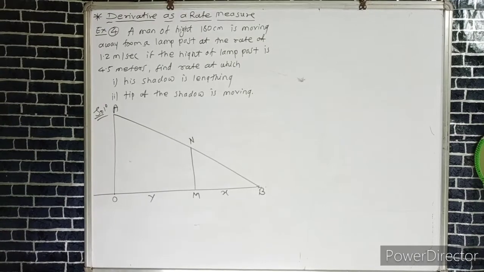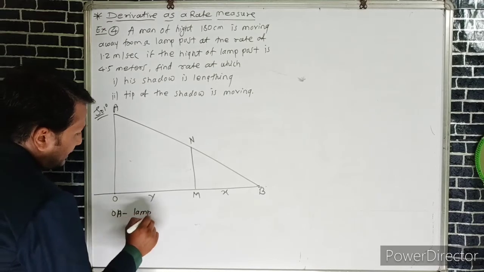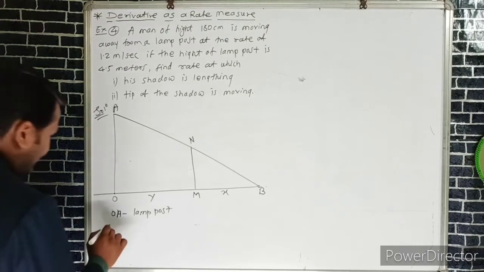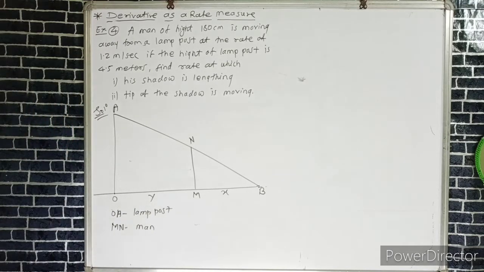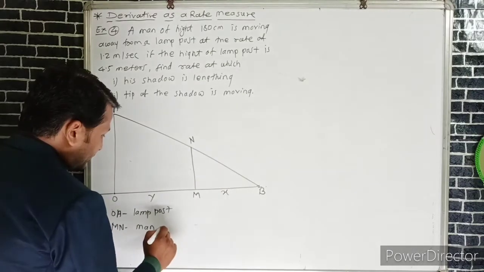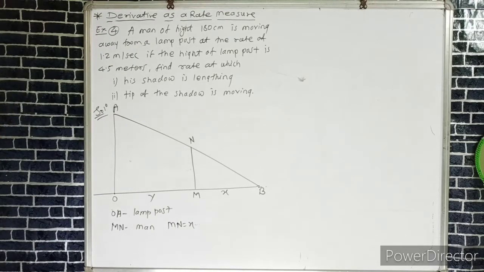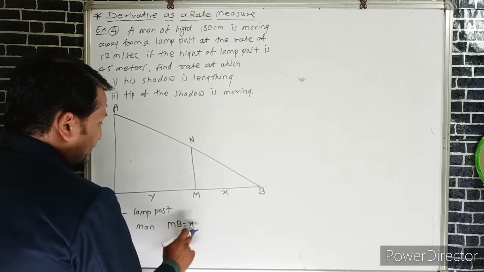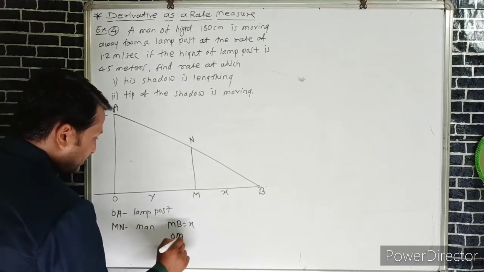OA is the lamp post, MN is the man, and OM is equal to y.